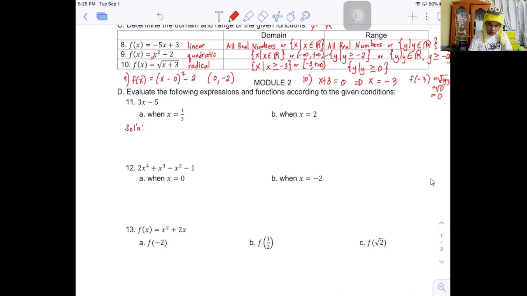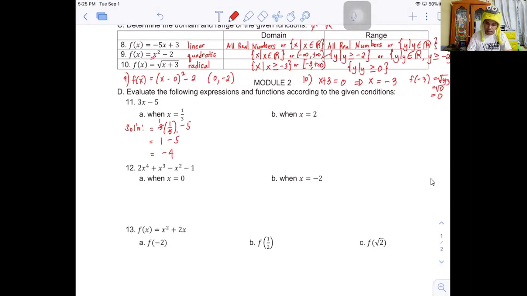So substitute na rin nato siya. We have 3 times 1/3 minus 5. Okay, this is 1. Mahimo man na siyang 1. So 1 minus 5 or negative 4. Okay? So this is our answer.